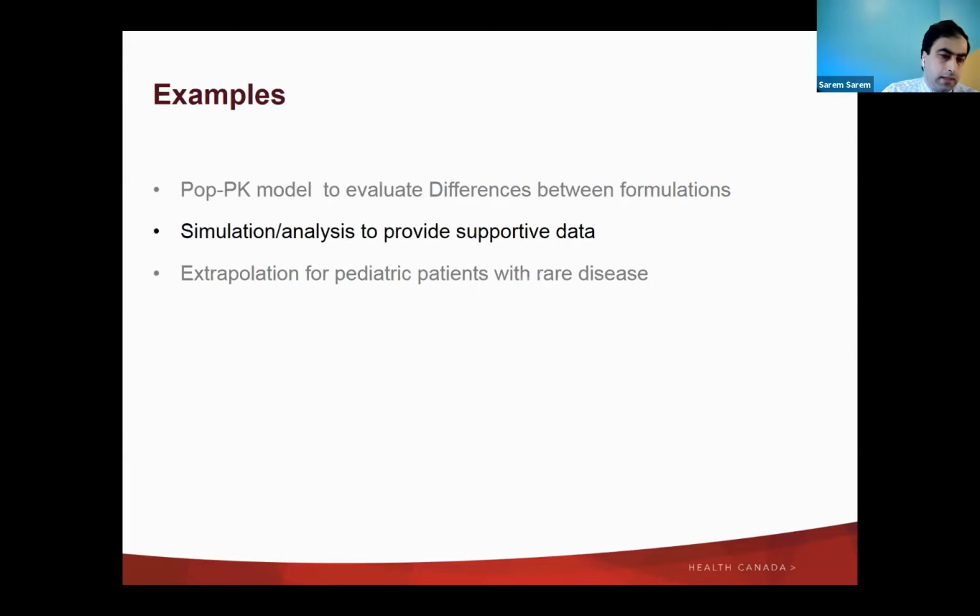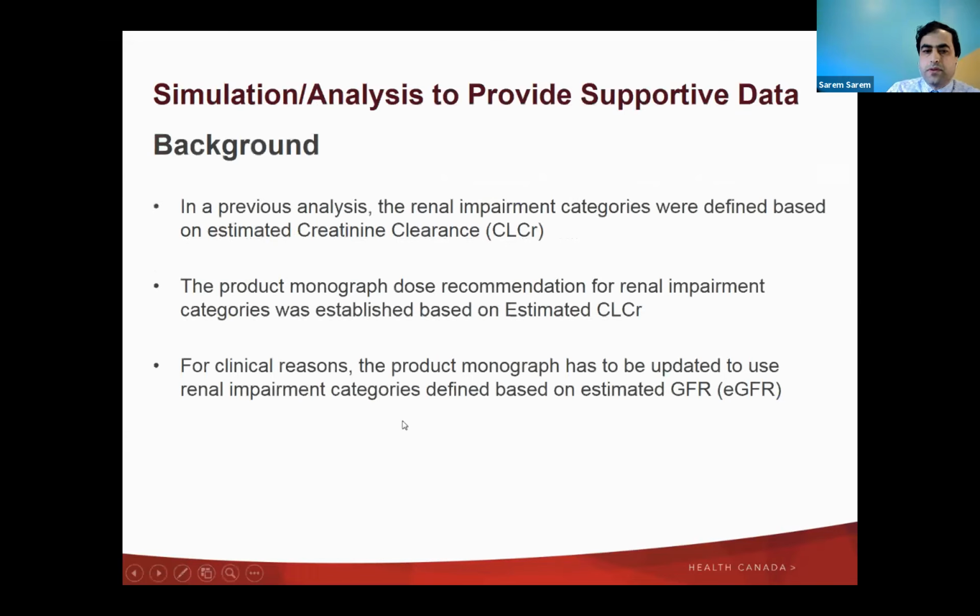It is a case where, in the initial submission, we had the definition of the renal impairment subgroups using the creatinine clearance, which is the standard approach. And by consequence, the product monograph dose recommendation for renal impairment subgroups was based on the creatinine clearance estimation.